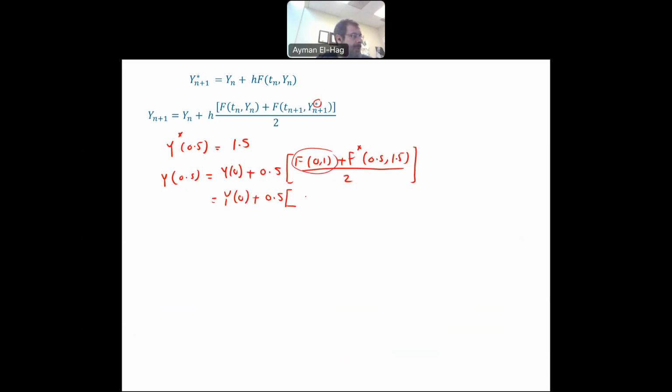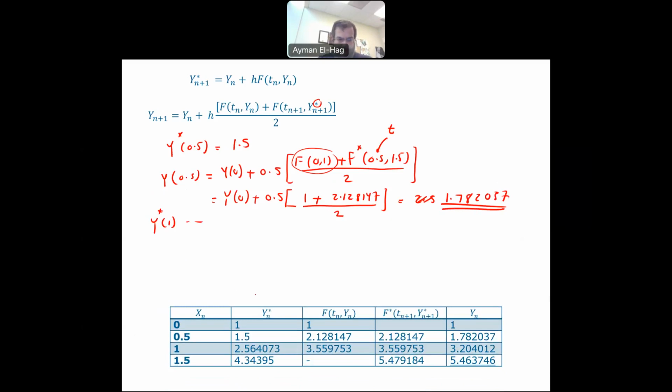We substitute there, and this is equal to 1 plus the function at 0.5 and 1.5. This is your t, so we substitute t equal to 0.5. This gives you 2.128147, everything divided by 2, and this gives you 1.782037. Then we go to y star at 1, and so on and so forth.